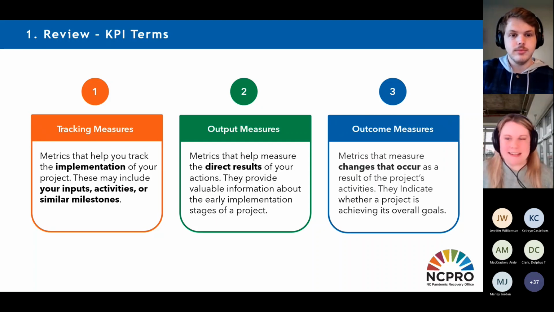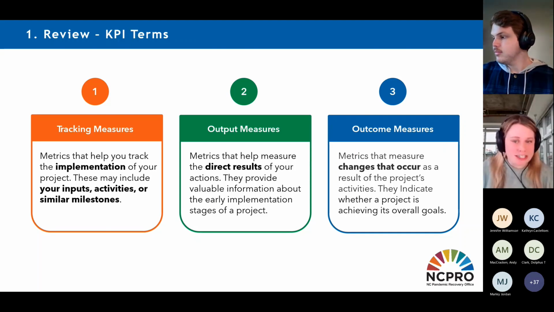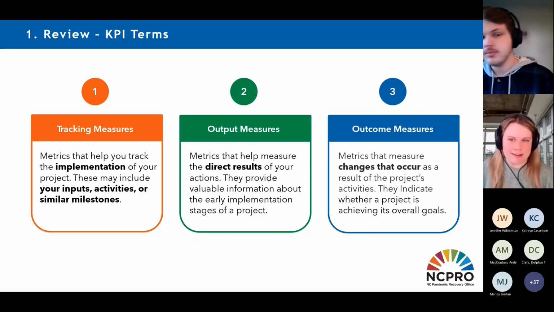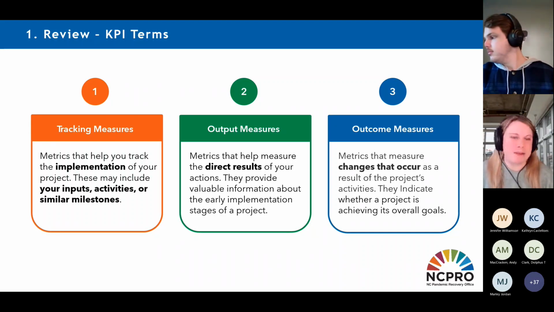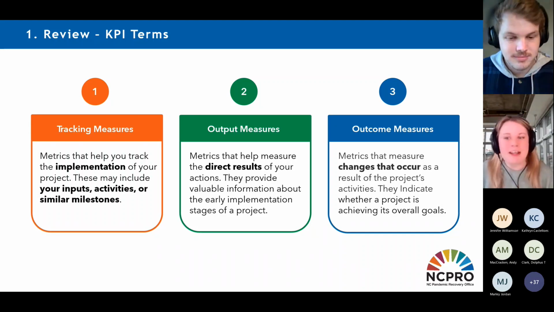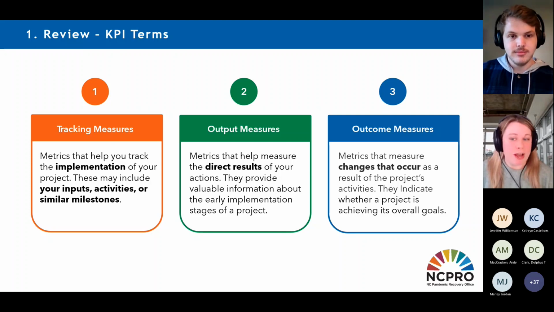Also, in the KPI intake survey resource guide, you will find a review of terminology for how we use the performance measures for SFRF projects. We have tracking measures, output measures, and outcome measures.